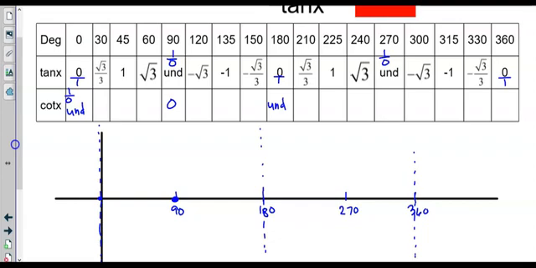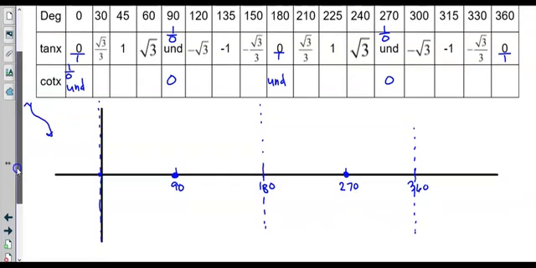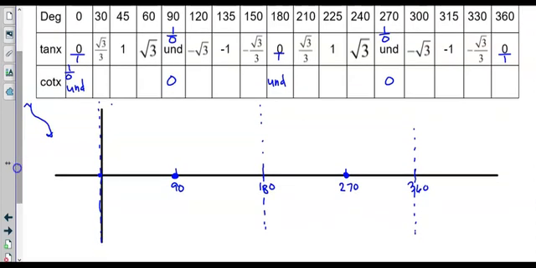It's now 0 over 1 for cotangent, which is 0. So we're here, okay? Now cotangent goes kind of in the opposite direction. So cotangent looks like this. So if we are sketching the parent function here, we want to stay between the asymptotes.